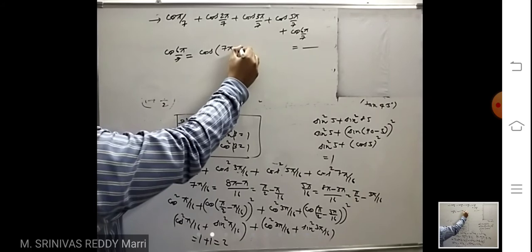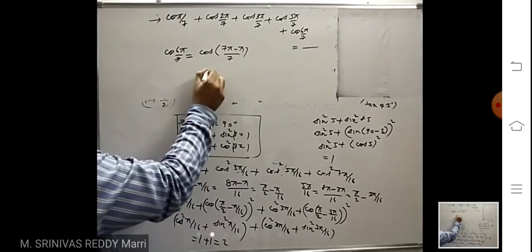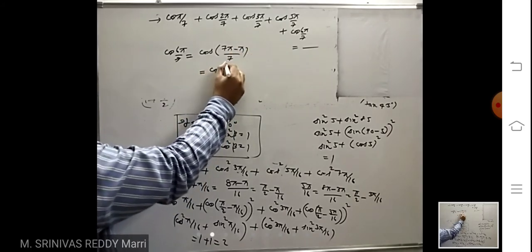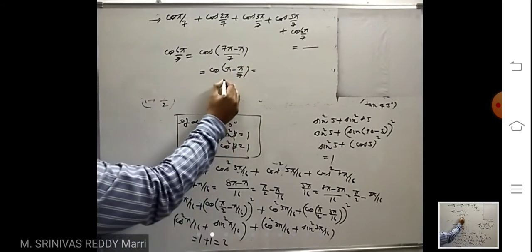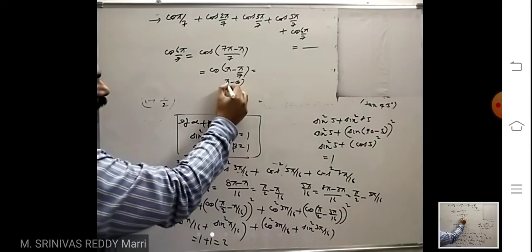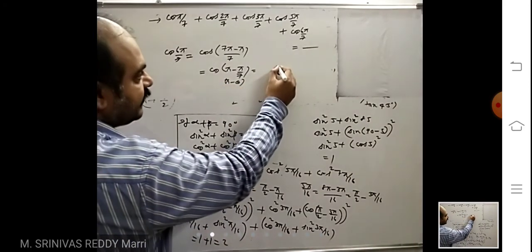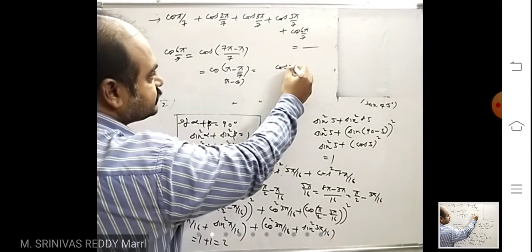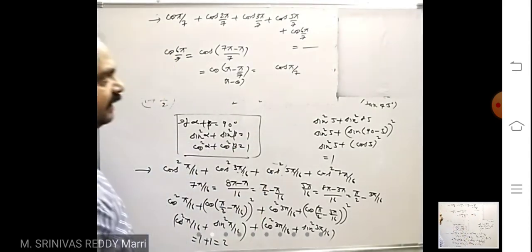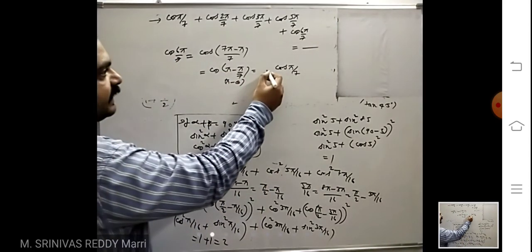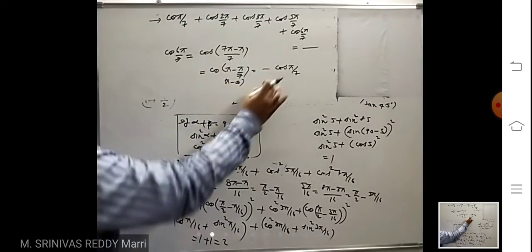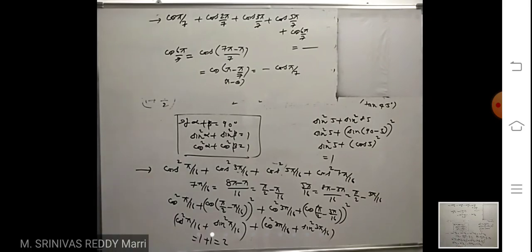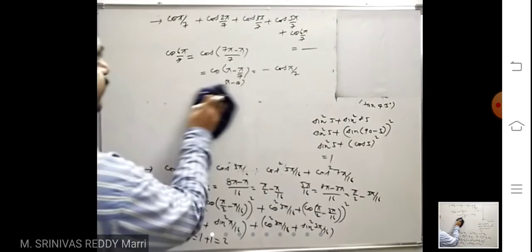This is 7 pi minus pi by 7, so this is pi minus pi by 7. This is pi minus theta, 180 minus theta. Immediately you write cos pi by 7, cos theta, and then 180 minus theta is in quadrant 2. In quadrant 2 cos is what? Negative. So this is nothing but minus cos pi by 7.